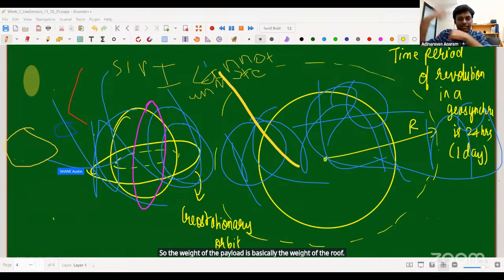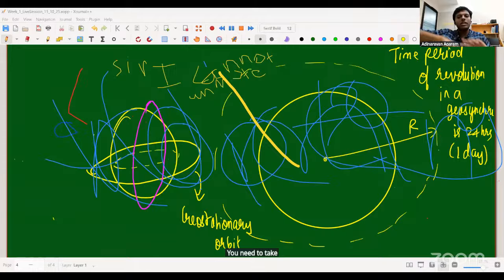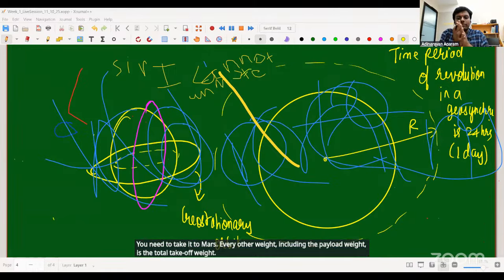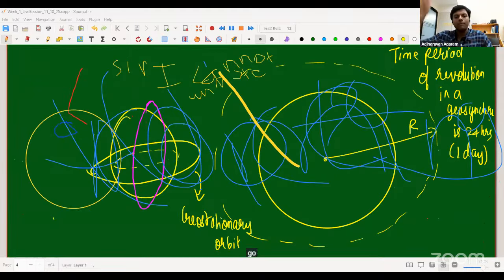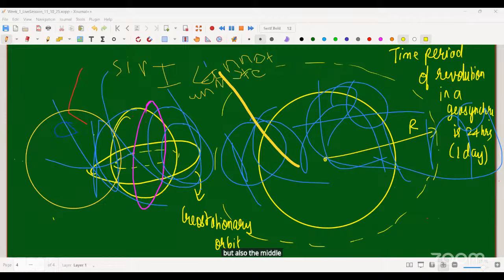To achieve this mission, you need a rocket and a fuel system, and you need to take all of it to Mars. So every other weight, including the payload weight, is the total takeoff weight. Basically, the weight of the system before you take off is the takeoff weight. That will always be more than the payload weight because you have multiple other systems helping you to go out of Earth first. I hope that part is clear.